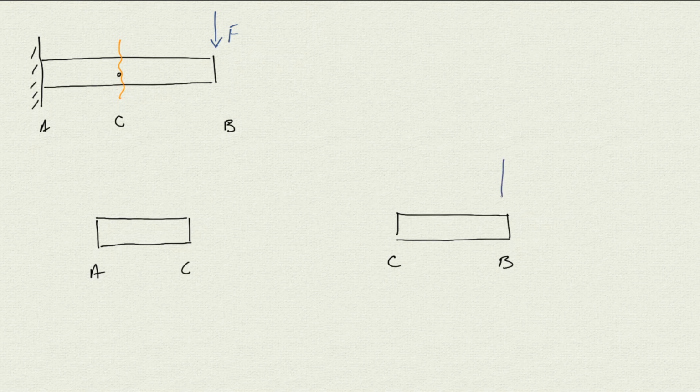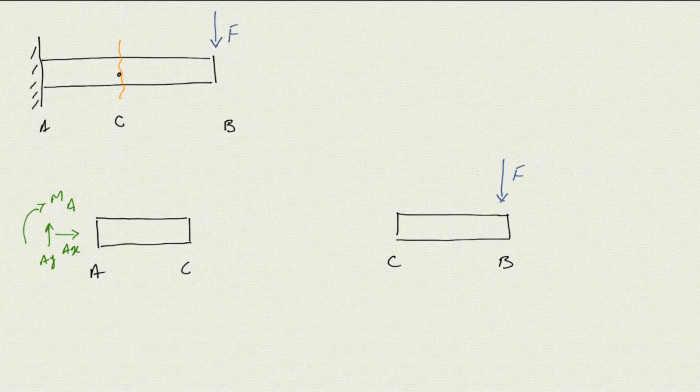The only external force we have is F, and then we have the reactions of the support. So we'll have AX, AY, and the moment M at A, and then we will want to put the internal forces to see how they look.